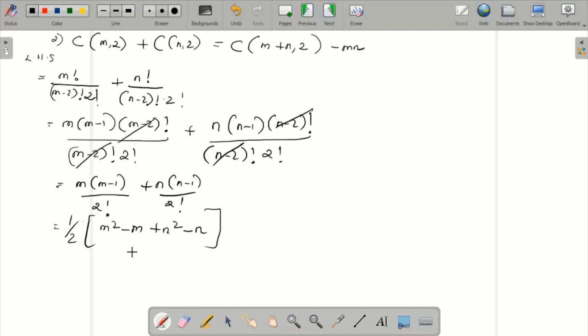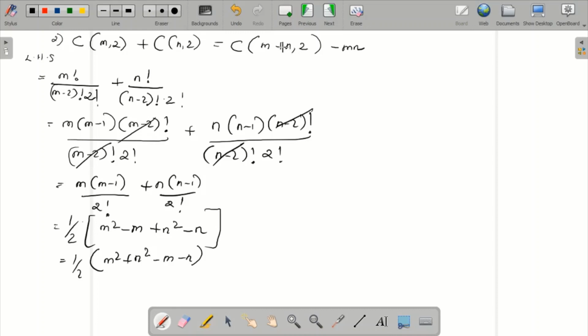Compare over here. Further, if I want to solve, I should get minus mn separately, and here check the right hand side. This would be nothing but half into m square plus n square minus m minus n. So here somewhere I want to get mn, and here somewhere I want to get m plus n comma 2.